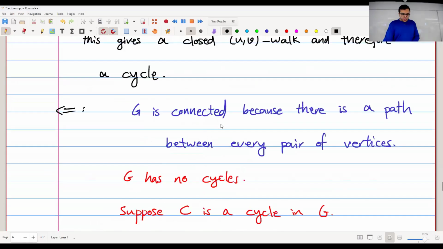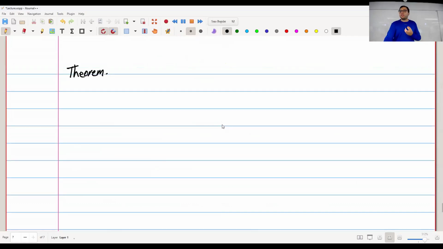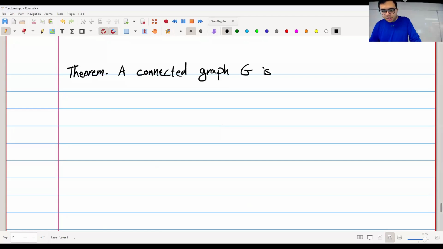So I want to say that this is another property that really defines trees. So I want to say a connected graph G is a tree if and only if all edges of G are cuts.